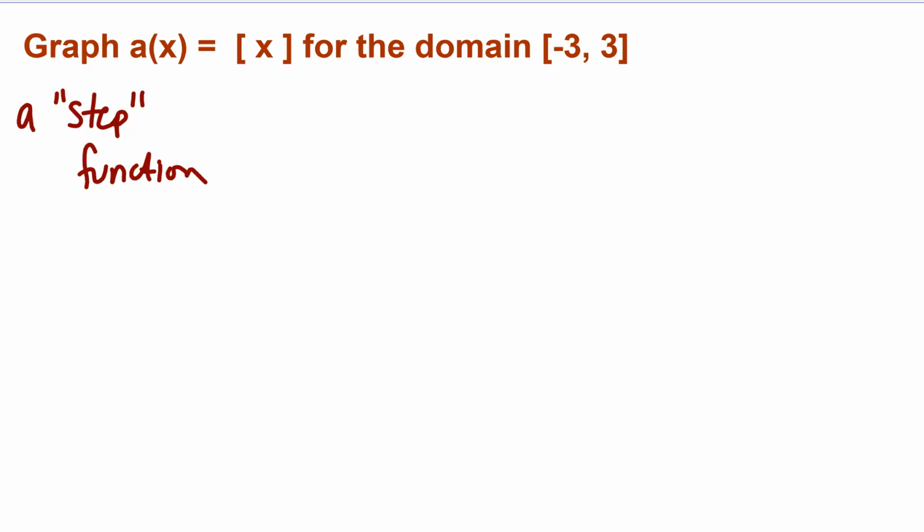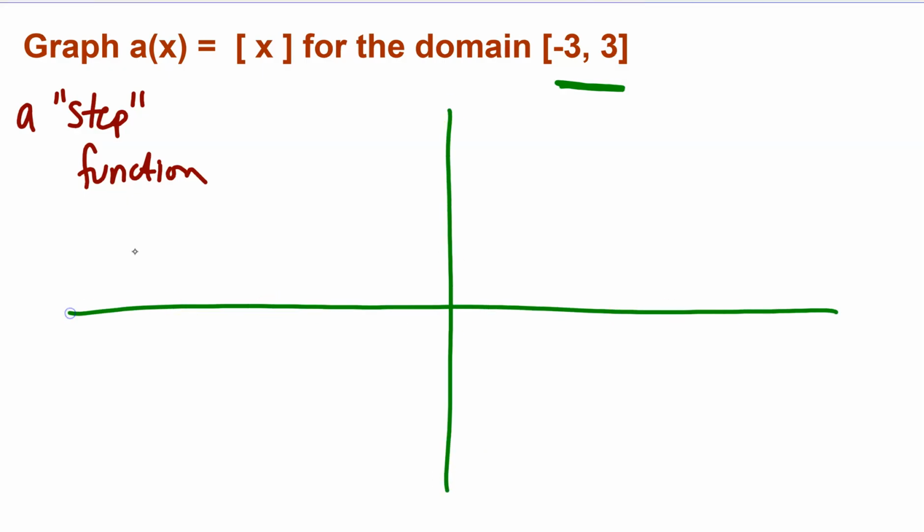Here's the graph of a step function, or a greatest integer function, with the domain of negative 3 to 3. So if we're going to look at this one and graph it, we're going to go from x being negative 3 to 3.